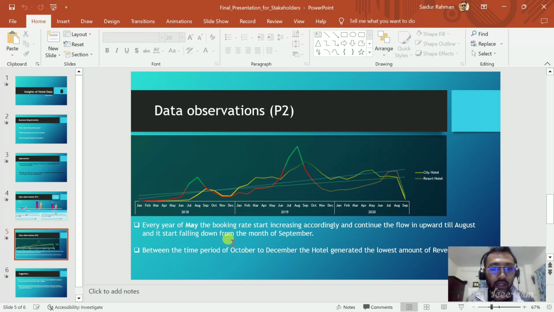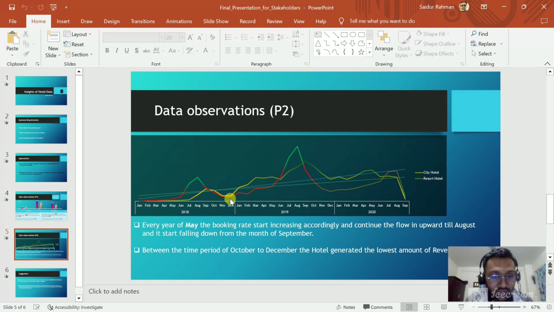Here I visualized the data to learn about seasonality and trends, what the data was focusing on. The data shows that every year in May the booking rate starts increasing and continues to go upward till August.